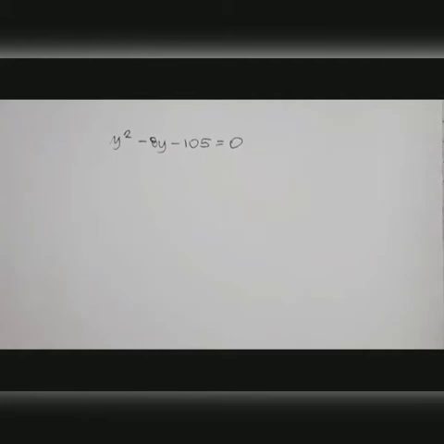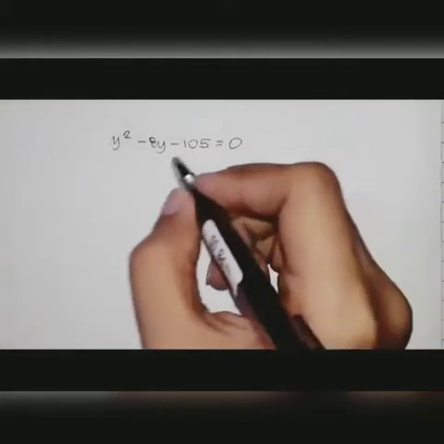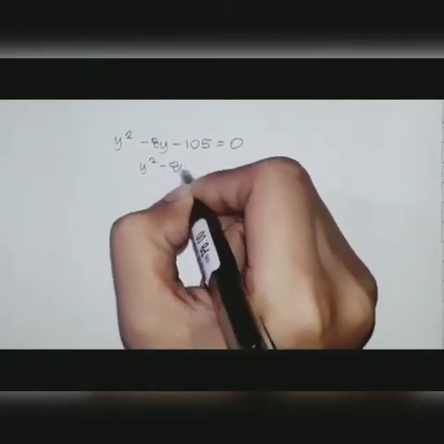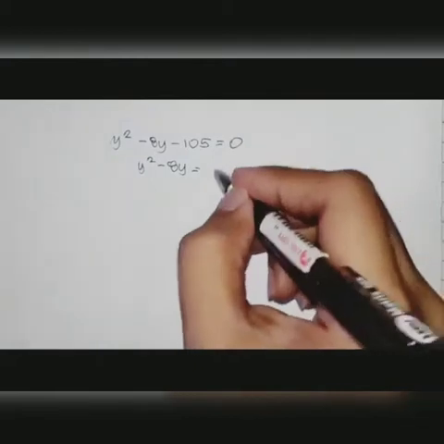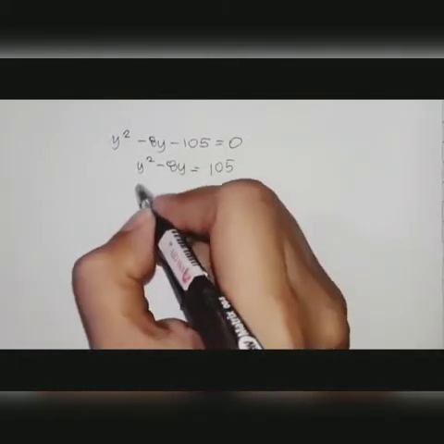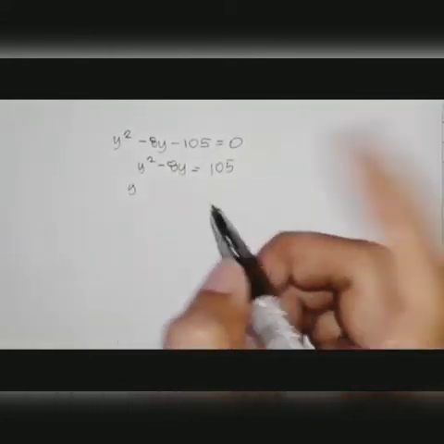So, like the first example, we should transfer the third term to the other side of the equation. Y squared minus 8y is equal to 105 since it's negative here. Then we should apply the completing the squares.